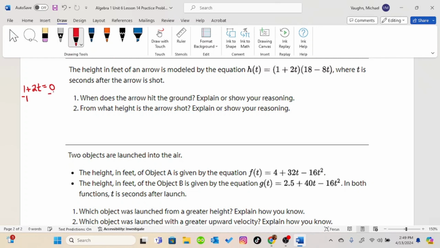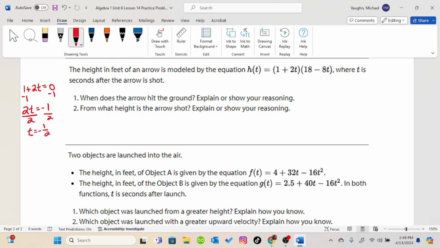We subtract 1 from each side, and we have 2t equals negative 1. Then we divide both sides by 2, and we get t equals negative 1/2. That represents half a second before the arrow is shot. So that one wouldn't be when it lands.